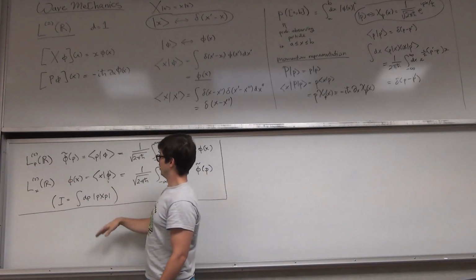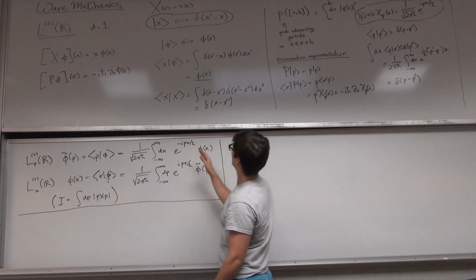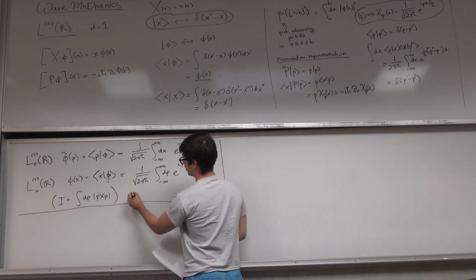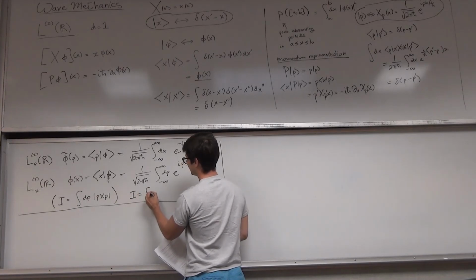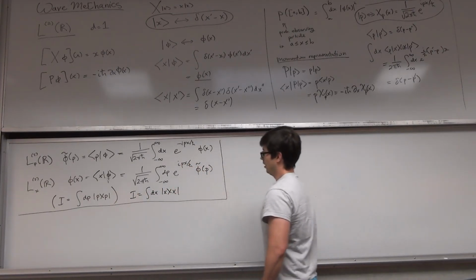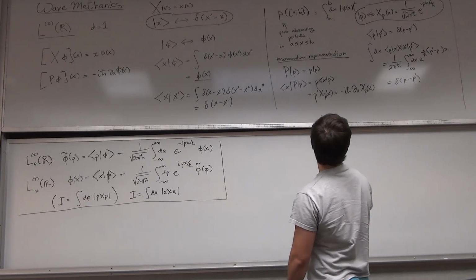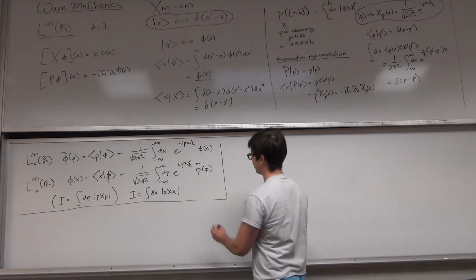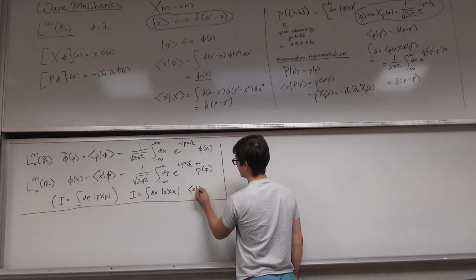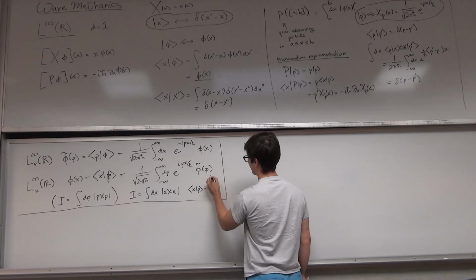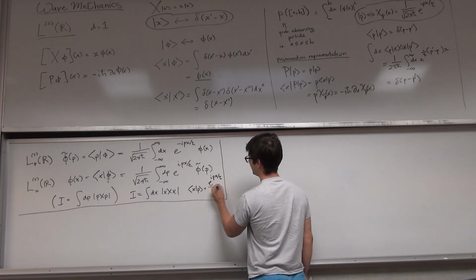We can either have this completeness relation or the one for X. And we also know the inner product between X and P. That's just these Fourier coefficients.